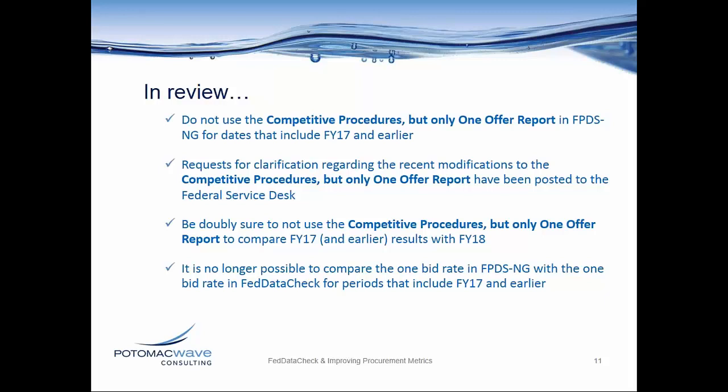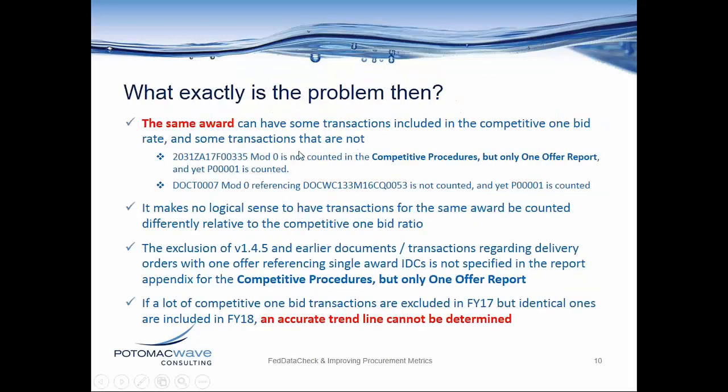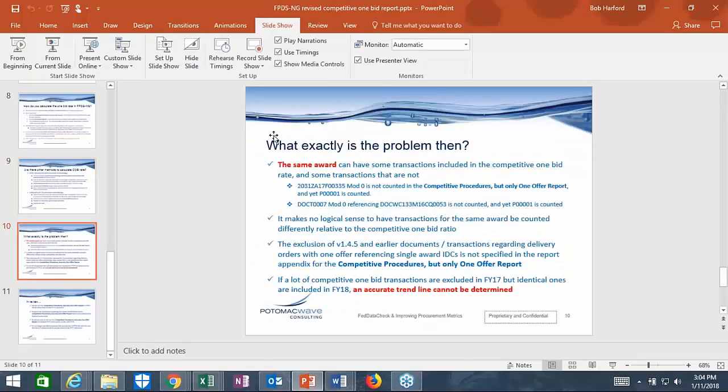It's meaningless numbers for FY17 and earlier. I think we went through that with the specific example here. We had the same awards, 2 transactions signed on the same day. One's a one bid, one isn't. That doesn't make sense.